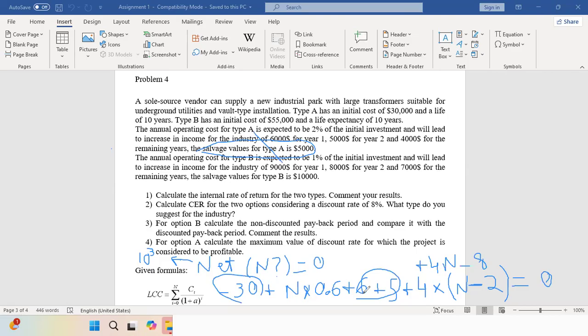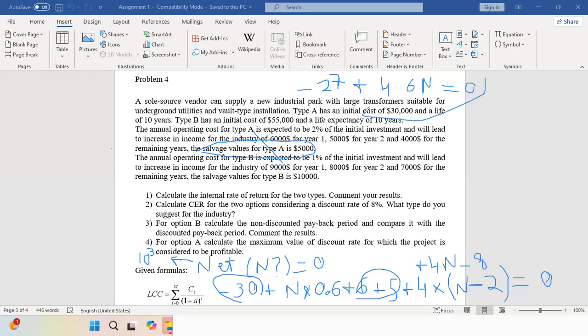Then minus 8, minus 27. And we have 0.6N plus 4N, so plus 4.6N, equals to 0.